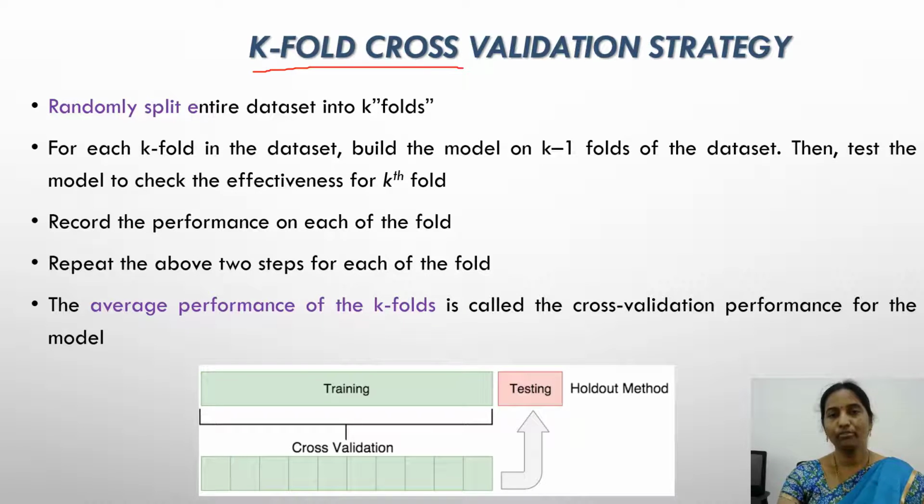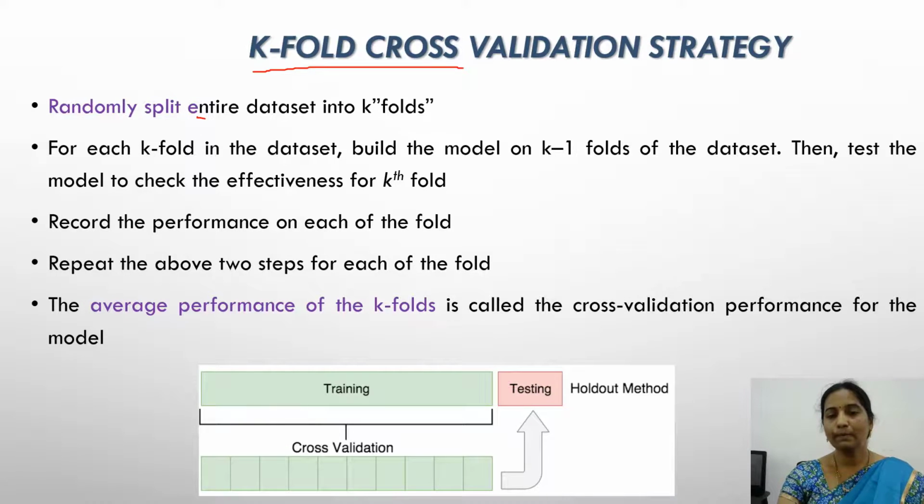In this strategy, the entire data set is first split into K folds. One portion of the data set is considered as a test set. The entire data set is divided into a number of portions, say for example, 10 splits, or K splits.